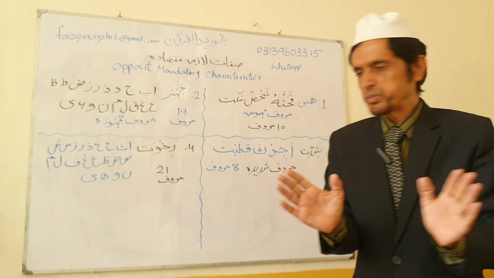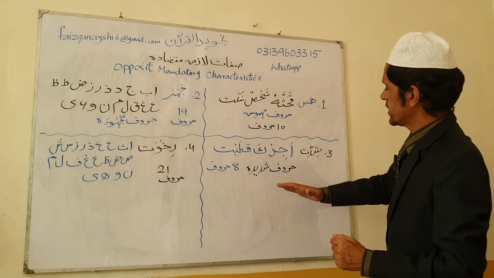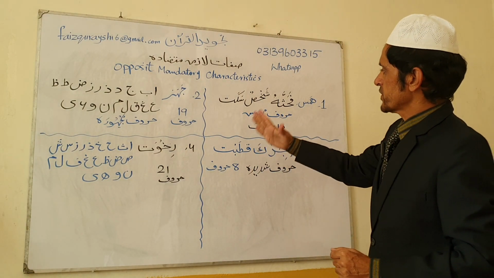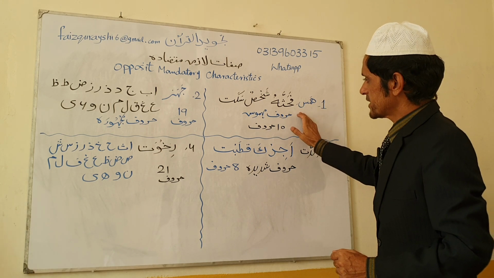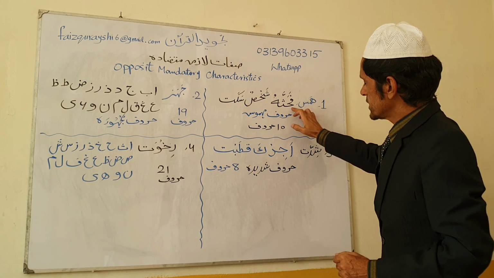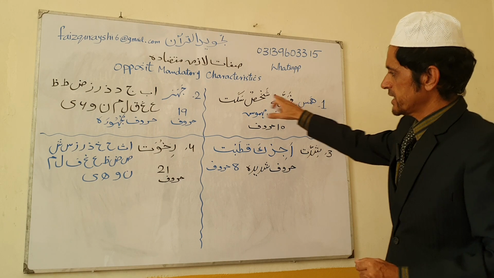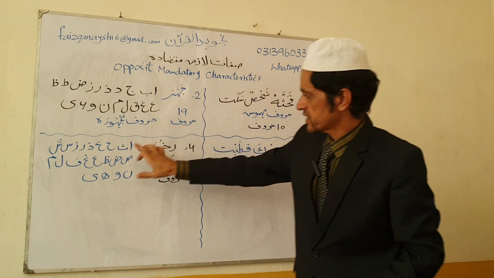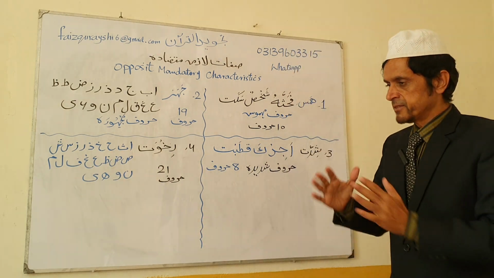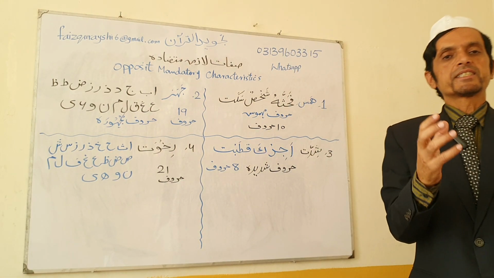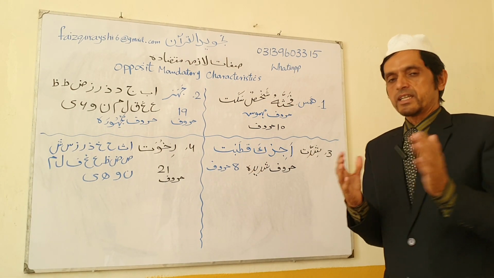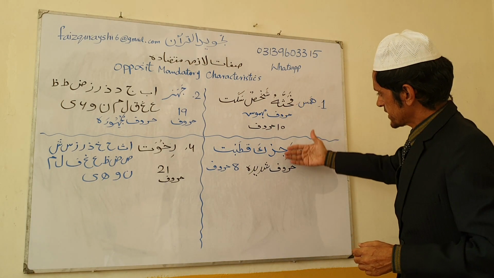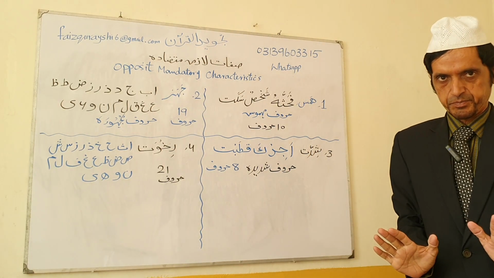Now you shouldn't be confused. For example, if you find this characteristic in this letter, and now the same letter is here. For example, this is ha here and this is ha here. How is it possible? You can consider these characteristics like two persons.